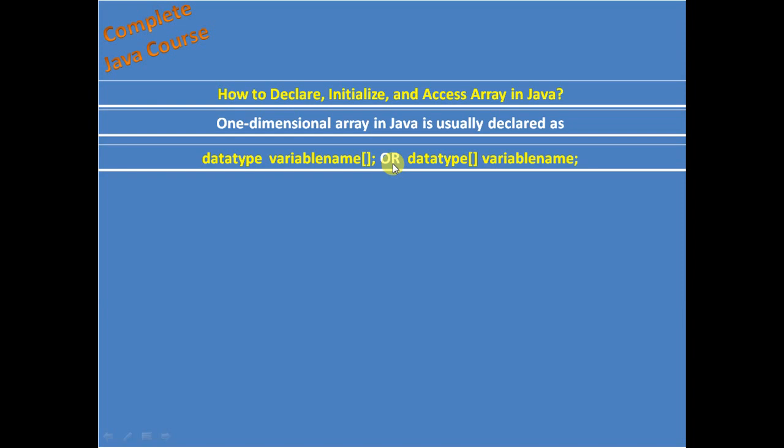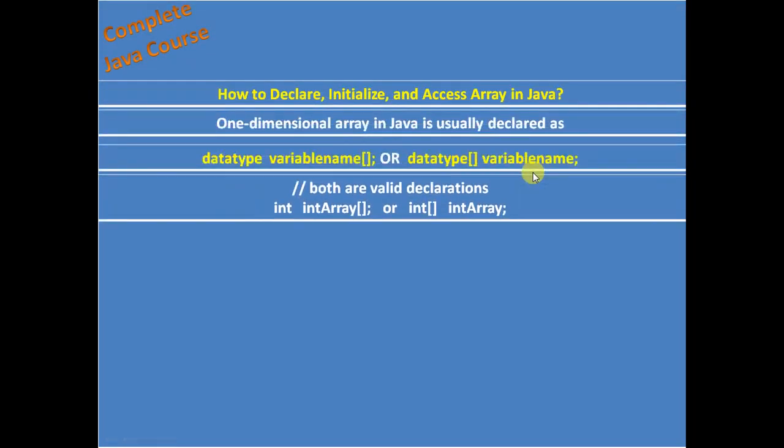Or you can define the array like data type, then the variable name, then square brackets. Both are valid declarations. Int array is the reference variable name, int[] array or int array[].